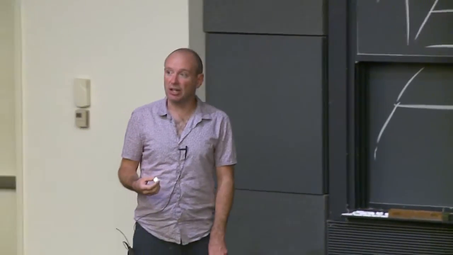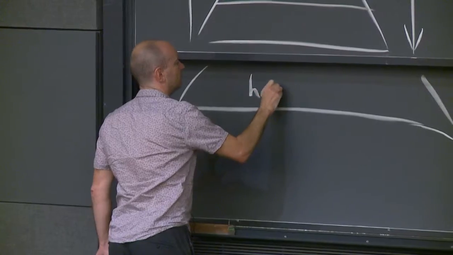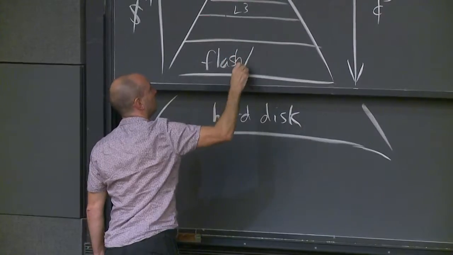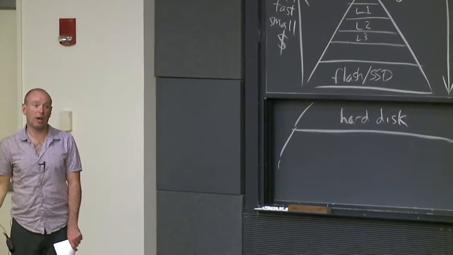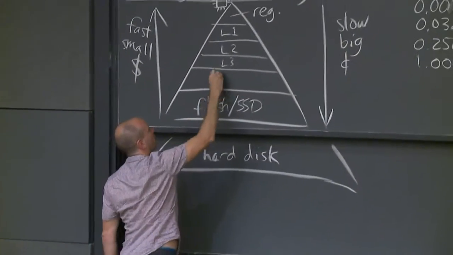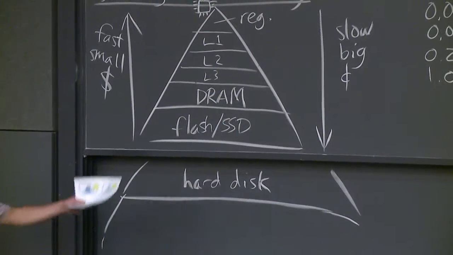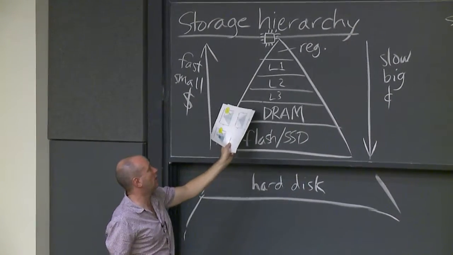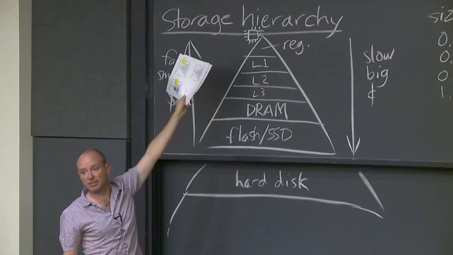The newer technology is flash memory and solid state drives. So why don't we put hard disk here and flash SSD here. What goes in between? There's one missing slot. RAM, so DRAM. We call this DRAM sometimes when we decide to be pedantic, because everything above this line is also random access memory, but it uses a different, more expensive technology.